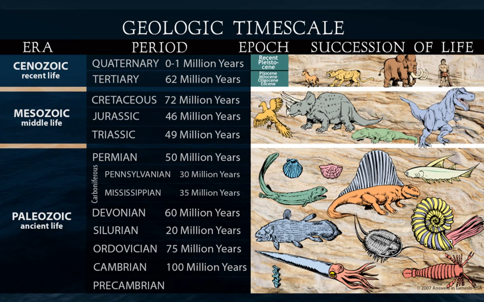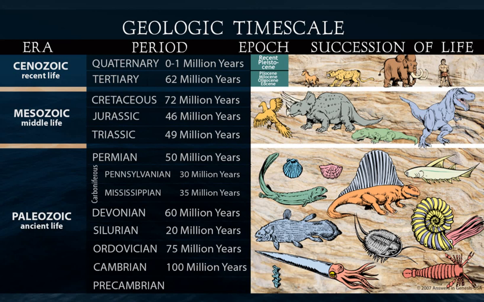If you listen to the evolutionists, they'll tell you these rock layers represent the history of the development of life on Earth. They'll start down here in the Precambrian and Cambrian layers, and they'll say simple creatures were at the bottom of the rock layers, and as we go higher into the rock layers, we see creatures evolving into different kinds of creatures, and eventually evolving into dinosaurs, then birds, then eventually man.